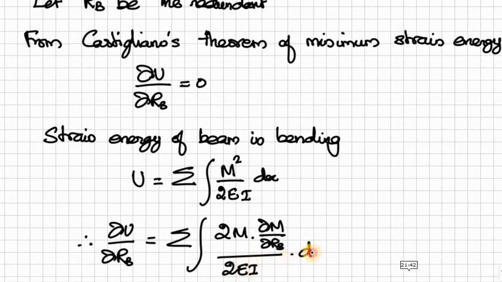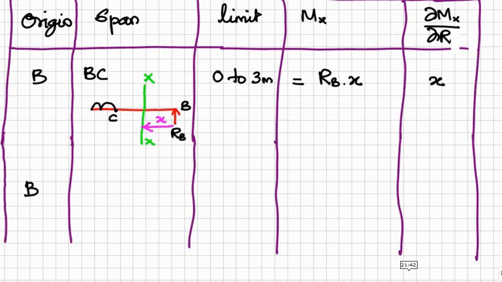So to solve this, it is better to form a table, that is origin, span, limit, then Mx and dou Mx by dou R is the derivative. Okay. So the first span we consider is BC, and we consider from section XX, which is x distance from support.